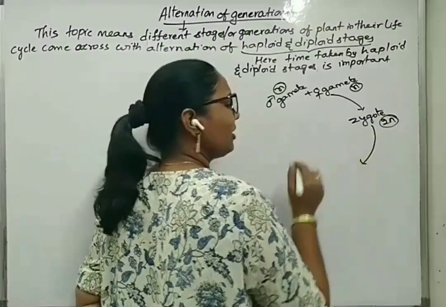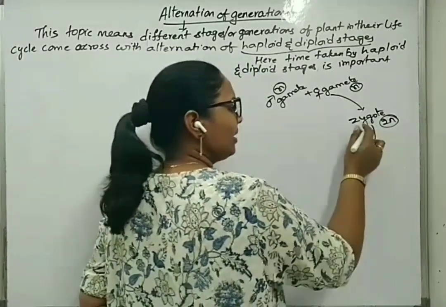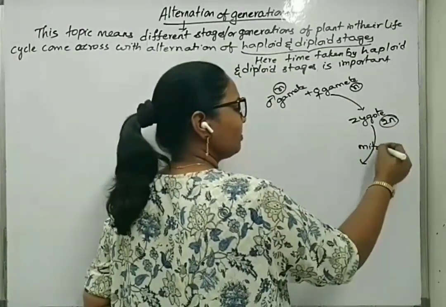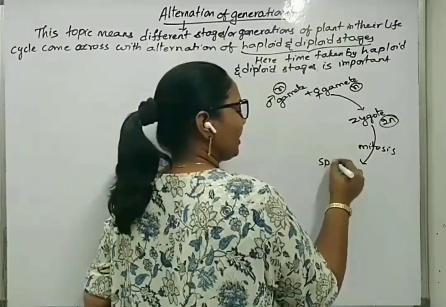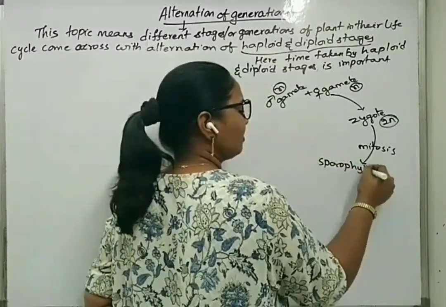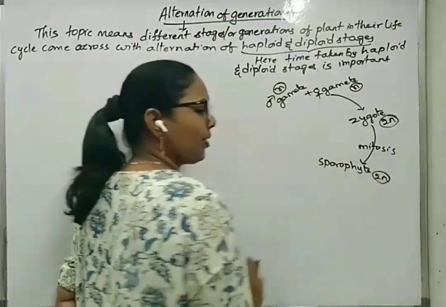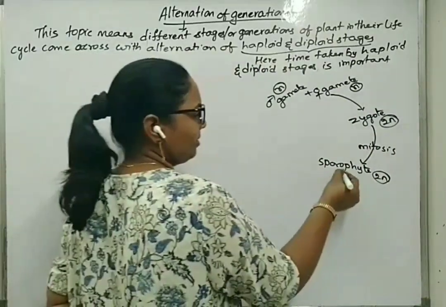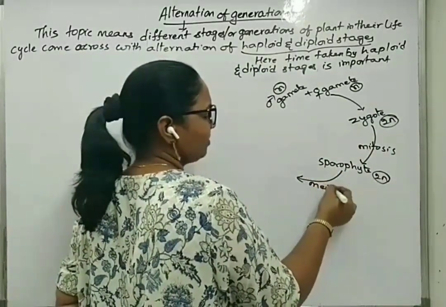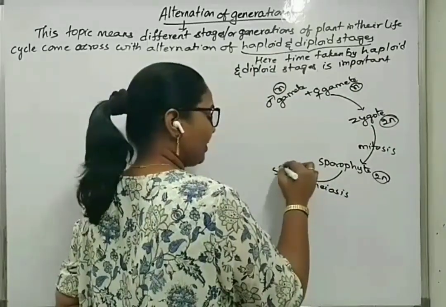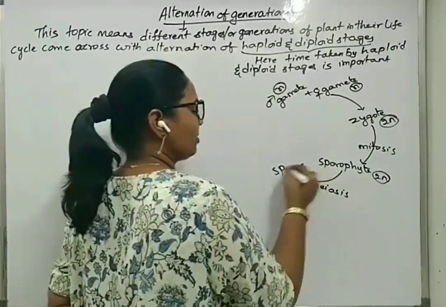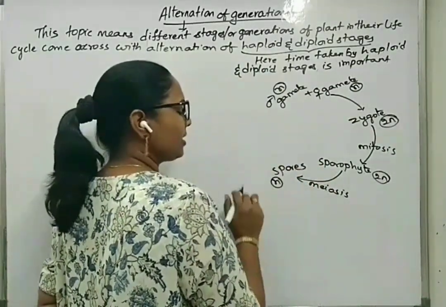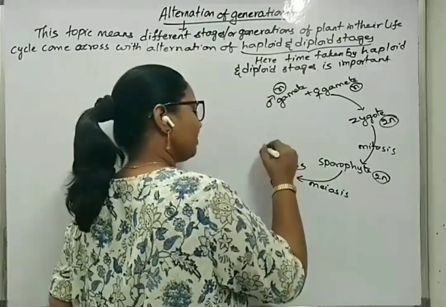In a plant body, the zygote undergoes mitosis to give out the sporophyte. The sporophyte is also diploid. Next, it undergoes meiosis to give out spores. Spores are haploid because after reduction we get haploid offspring only.